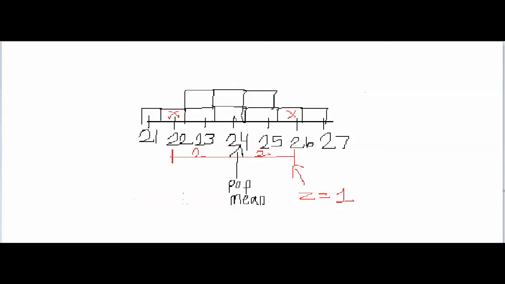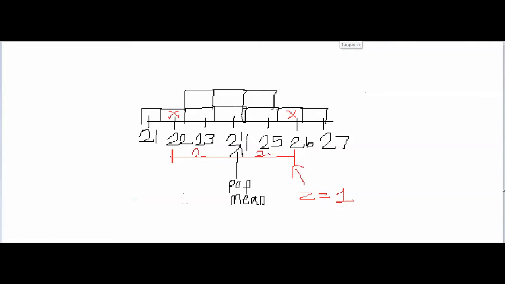This was our population mean of 24. The distance from 24 to the boundary points of the middle 80% of the samples was 2. That's why that's the 80% margin of error. And the z-score at the upper boundary of the middle 80%, which was this sample here, was a z-score of 1. So this was called the 80% confidence coefficient.